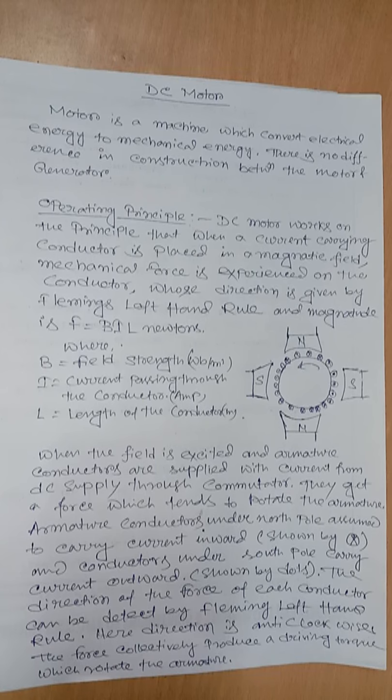The reason is that the speed torque characteristics of DC motors are much more superior to those of AC motors. So that is the reason in some cases we are using DC motors.